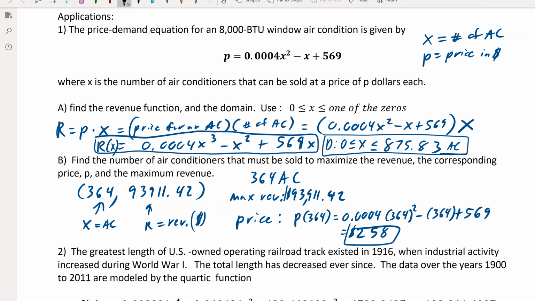That's our price. That would be the revenue, and 364. So the way it works is you charge $258. They sell 364 air conditioners. Total revenue is $93,911.42. Now there's a little different way of doing it as well. Well, the ending part anyways. Think about it. If you take that 258 and multiply it by 364, you're supposed to be getting this.